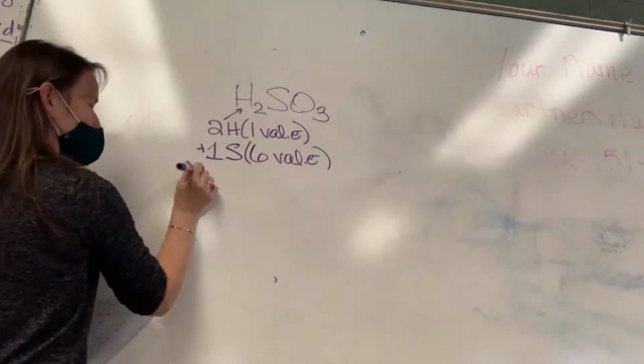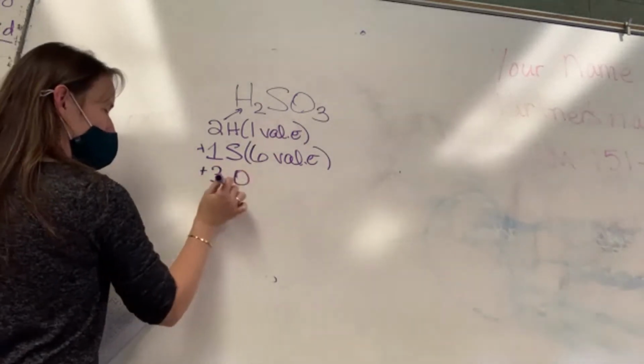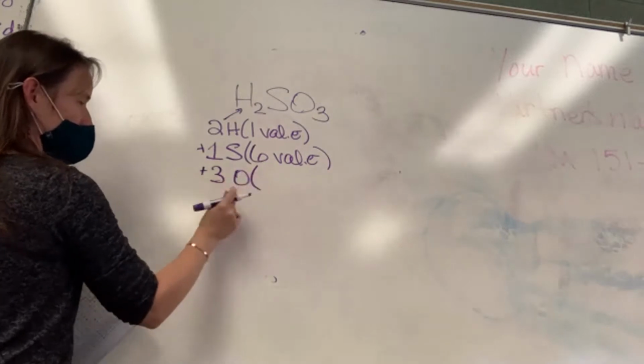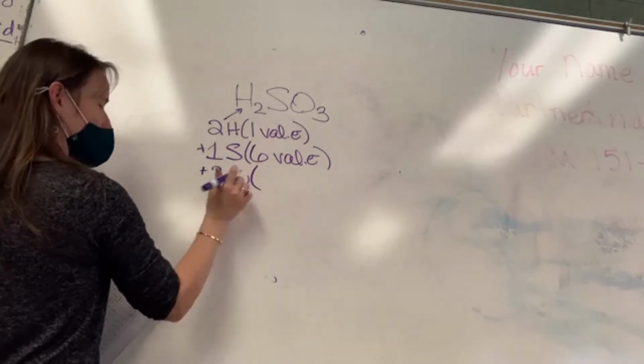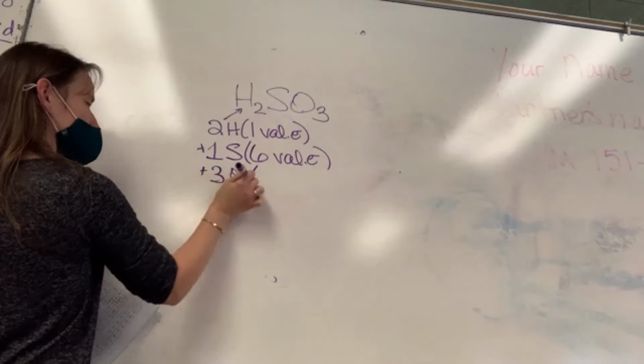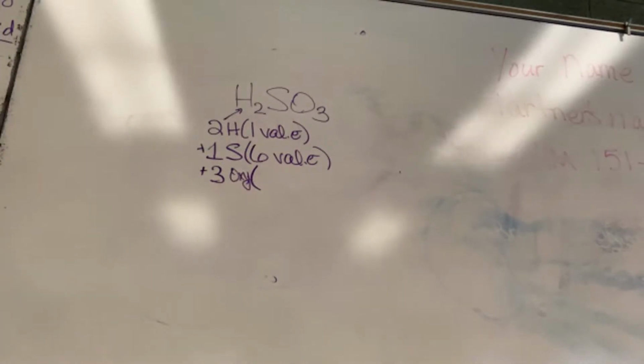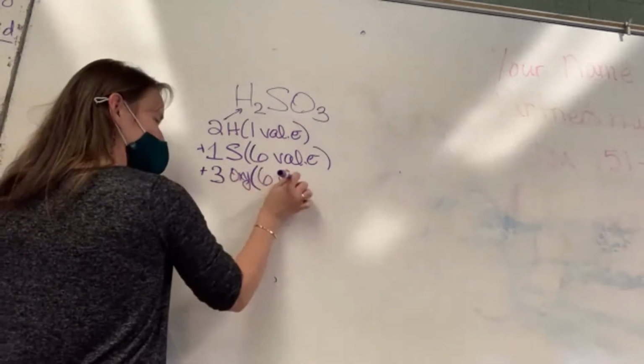So 3 oxygens. It's not 30, but 3 oxygens. Okay. Oxygen is a group number 6. It has 6. Each oxygen has 6.